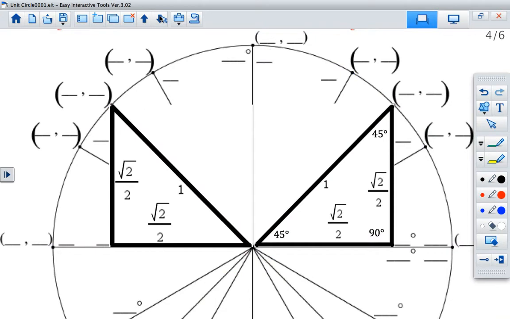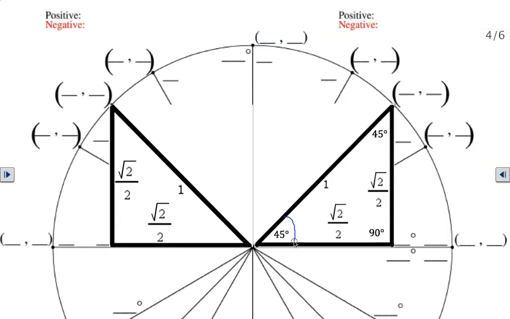Okay, so if you have your triangle, and hold on, let me put it, there we go. And your angle here is 45 degrees, okay? Then, and recall that with our unit circle, the radius is always 1. So here's our radius of 1.